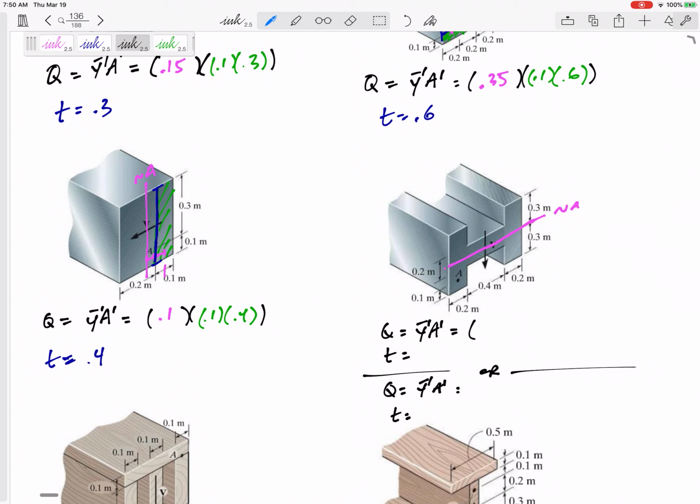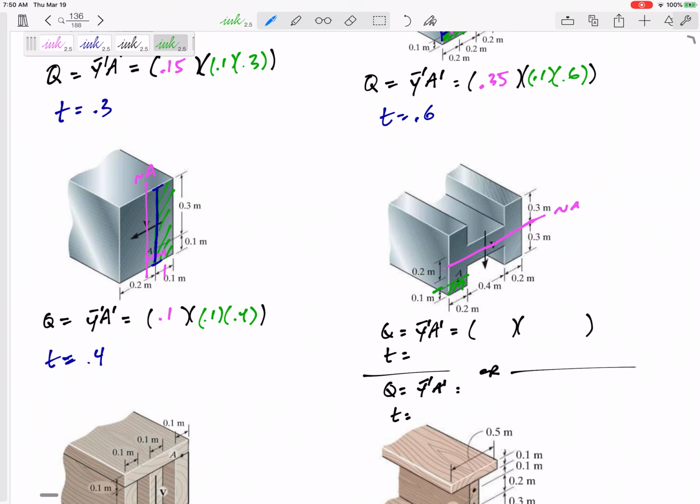For my Y bar prime, A prime, I could look at just one of these legs, let's say, or I could cut it and look at both of these. So those are my two options. Let's see how that would change things.